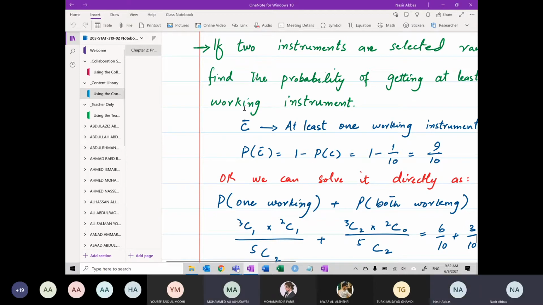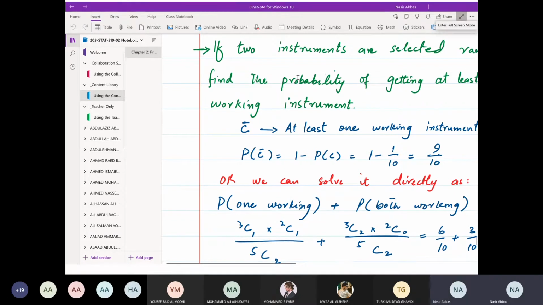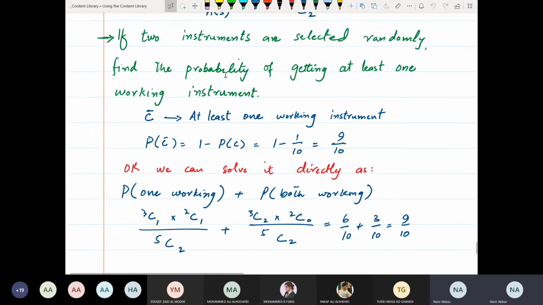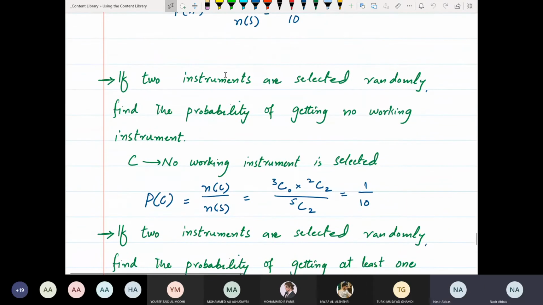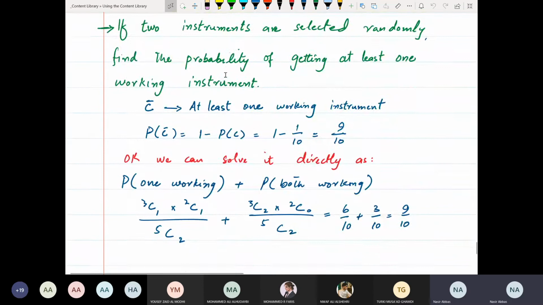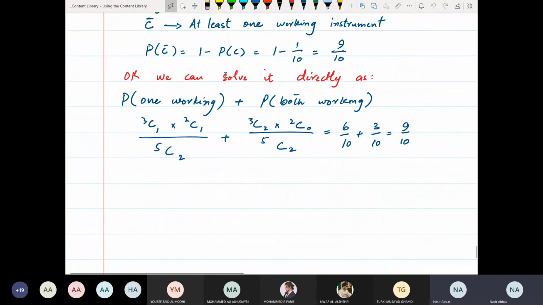Yesterday I was transferring the page from the other notebook to this notebook, and I accidentally deleted it by moving from one section to another. So I had to write everything again.